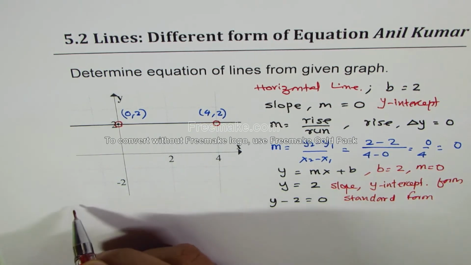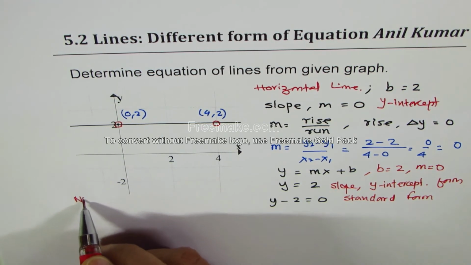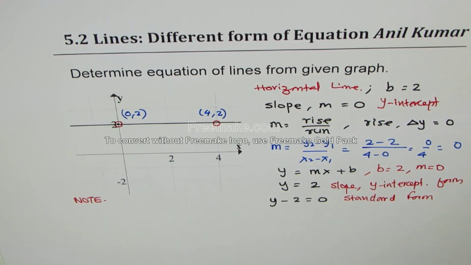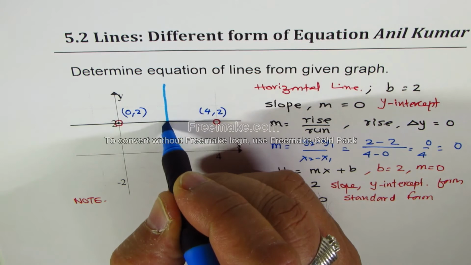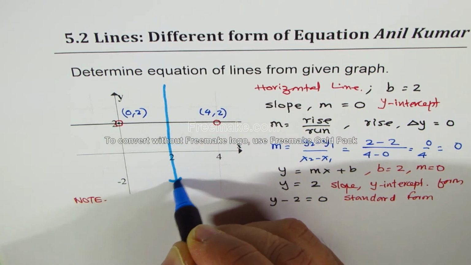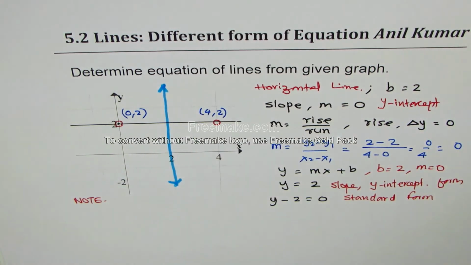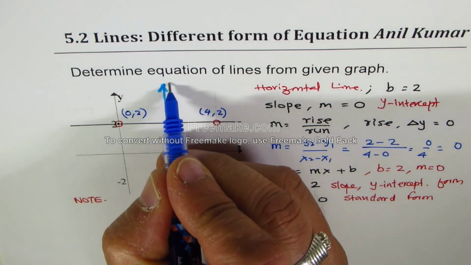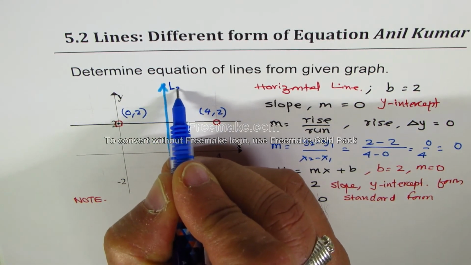Now let me add here, and that is to note that if you have a vertical line, let's take a line here which is vertical. Let's say the line which is having x-intercept of 2. Let's call this line as line 3.